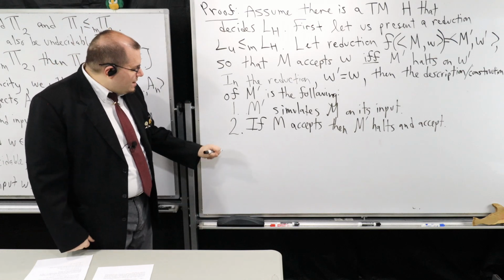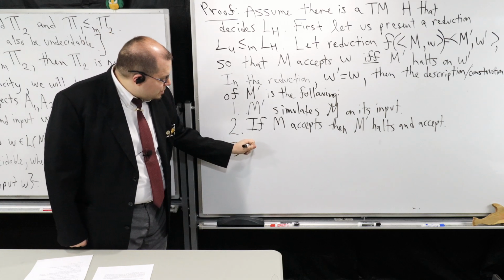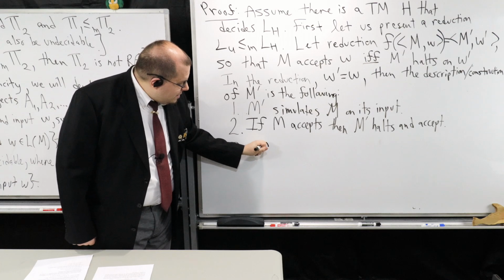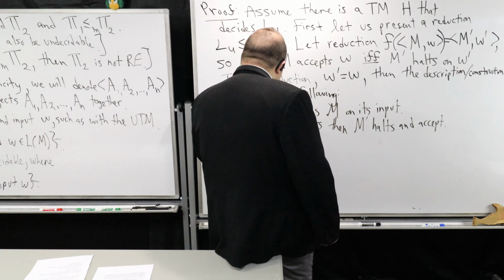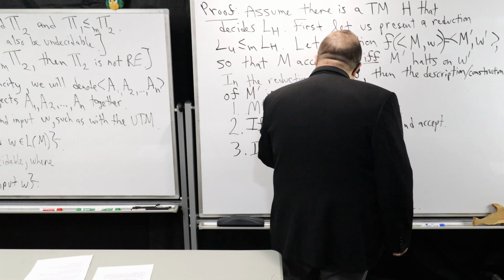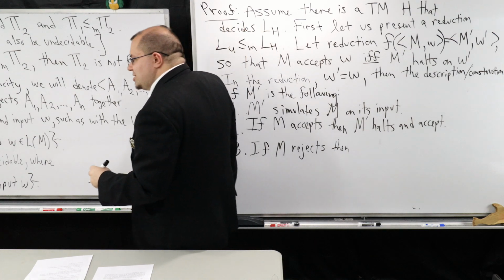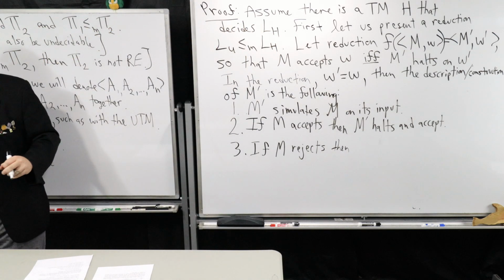So does anybody have any ideas of what I should do with this machine if it rejects? So if M rejects, what should I do? Any ideas? And remember, all you need to know is that as long as I can describe this to make the modifications to the Turing machine, we're okay.